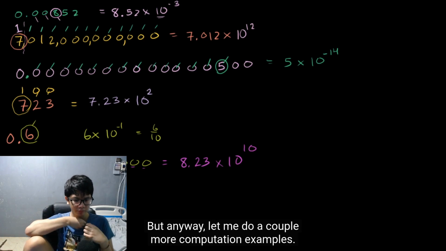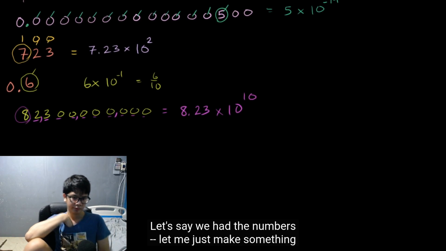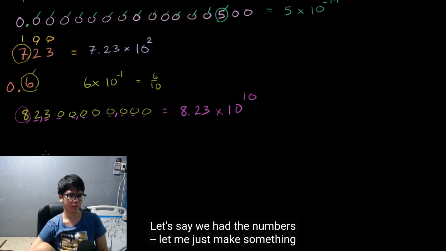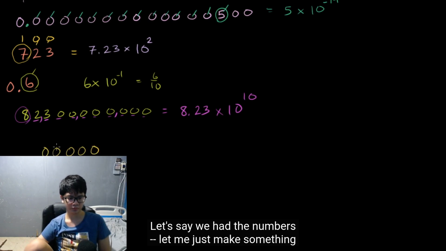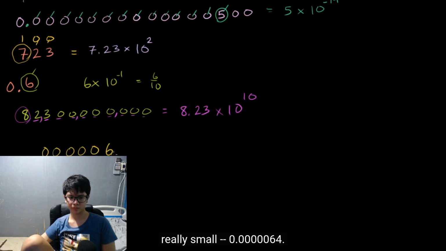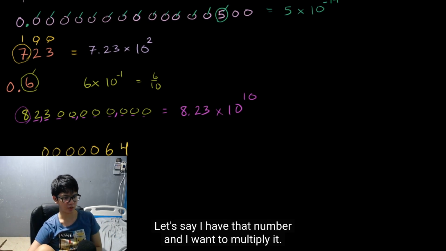But anyway, let me do a couple more computation examples. Let's say we had the numbers, let me just make them really small. 6.4 times 10 raised to the minus 6.